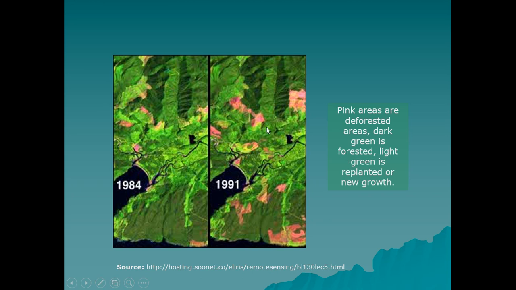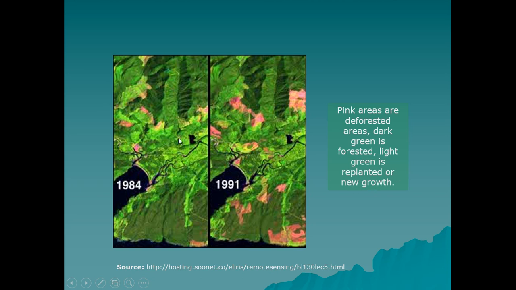Okay, here is an example of one of those for change monitoring. So we have two images here, each of the same landscape, one from 1984, one from 1991. And if you look carefully, you can see some differences in the landscape. The pink areas represent deforested areas. Dark green is forested, and the light green is replanted or new growth.